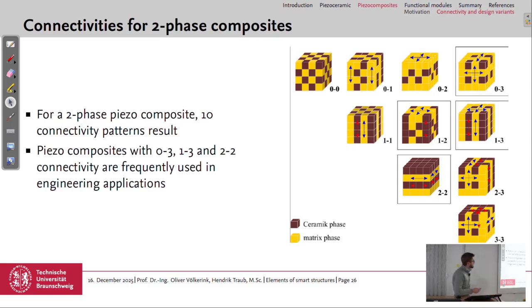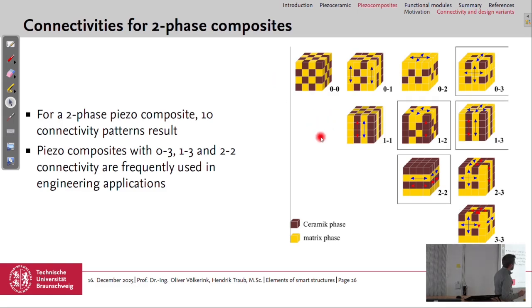Now we can have a look at different connectivities for these two-phase composites. So we have the MN connectivity, with the ceramic phase as M and the matrix phase as N. So 0, 3 would be a particle of ceramic in a volume of matrix, and we can have 0, 0, particles in particles.